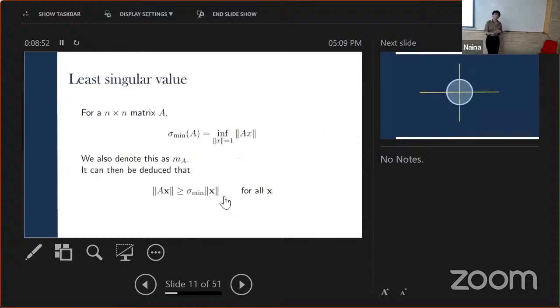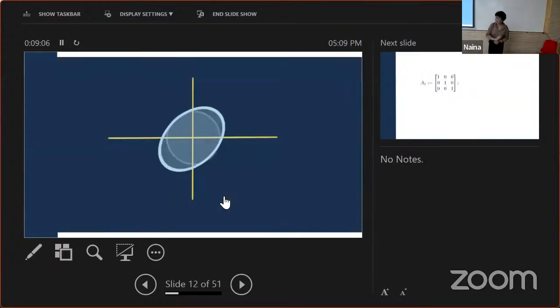So in order to do this, we define another concept called the least singular value. For any n cross n matrix, we define it to be the infimum of the norm of the unit ball after the transformation. For the visual representation, if this went over your head, if we were to have a unit ball and we were to transform it, then it becomes some other shape after this transformation.